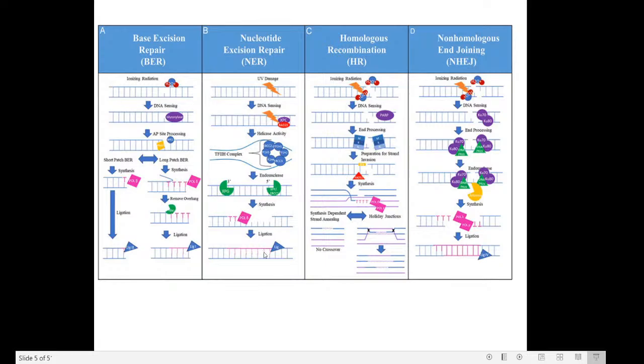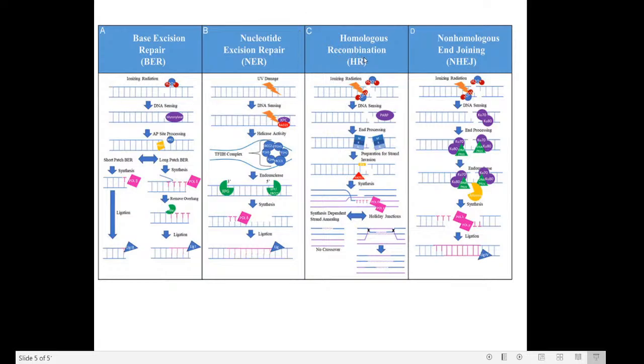You can add nucleotides with the polymerase enzyme, then it can be healed. This addition of nucleotides to the damaged strand is nucleotide excision repair.